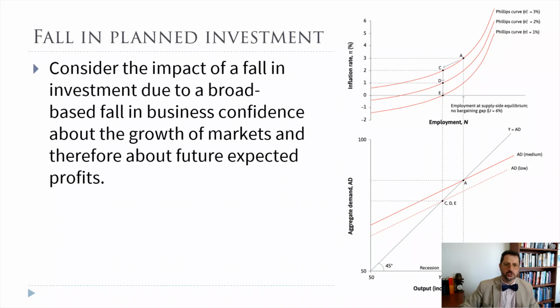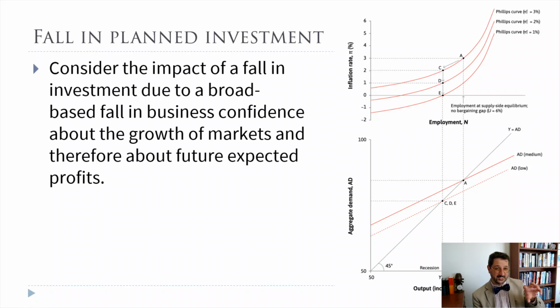All right. So if we get, for example, a fall in planned investment, right, and it sort of stays low, then what's going to happen? Well, we're going to get a shift down initially in our aggregate demand curve. That's going to lead to a negative bargaining gap, lower inflation.